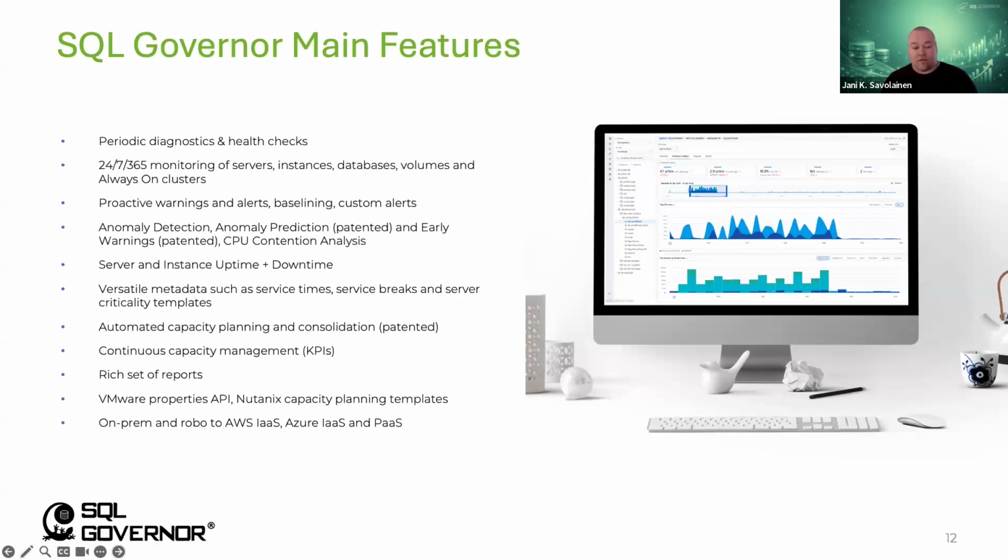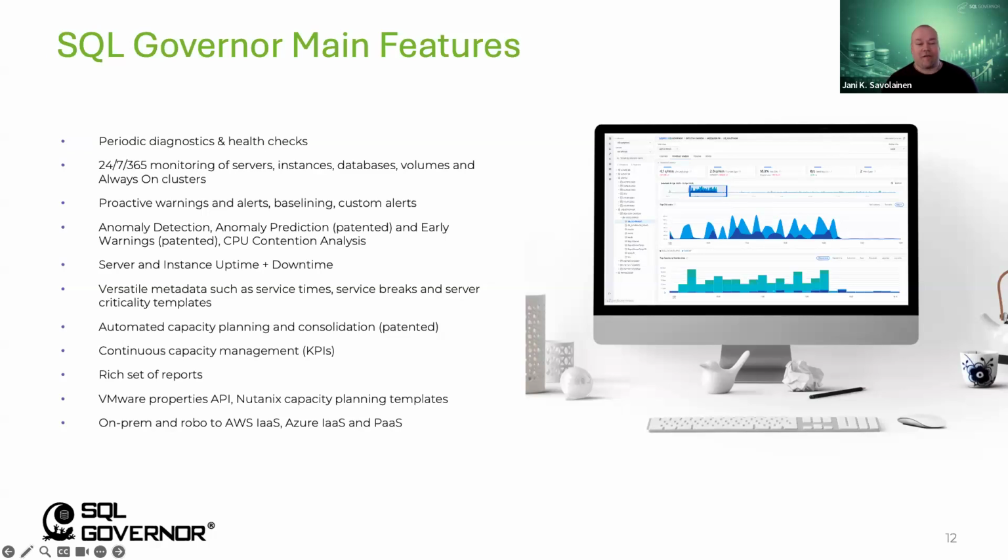And then we also have a VMware properties API. From VMware, we can automatically fetch the metadata for the hardware and VM configurations. We also have capacity planning templates, not only for typical hardware and software and AWS and Azure IaaS and PaaS, but also for Nutanix, because it has its own CVM reserve.